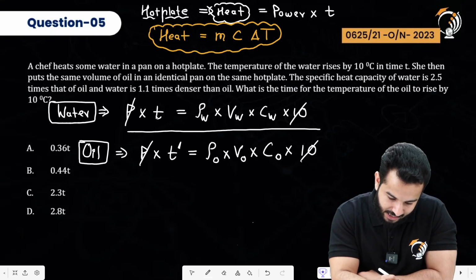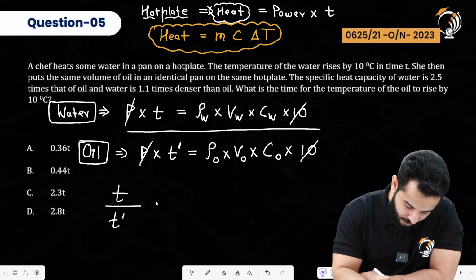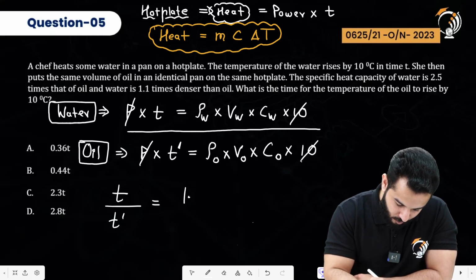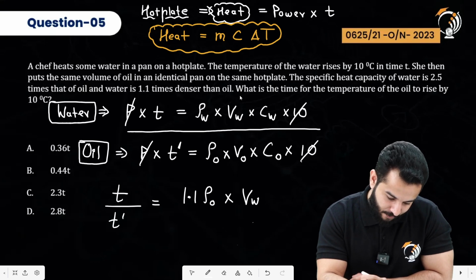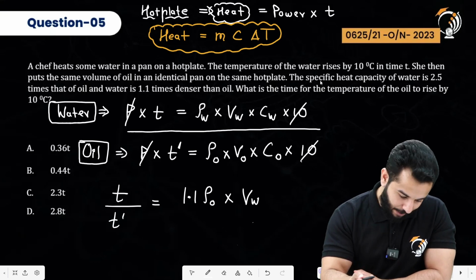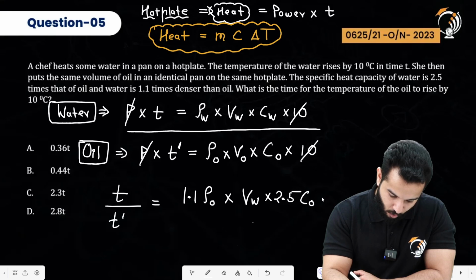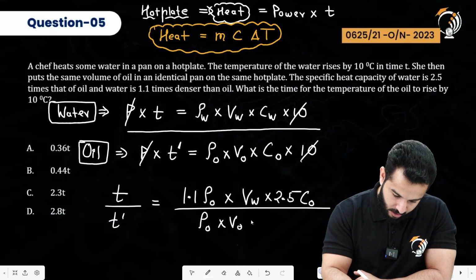So I'm going to rewrite this. By the way, let's write this T and this T dash. Density of water is 1.1 times that of oil. Volume of water is the same, since the same volume of oil is being taken, and specific heat capacity is 2.5 times. So 2.5 times C oil divided by rho oil, V oil times C oil.